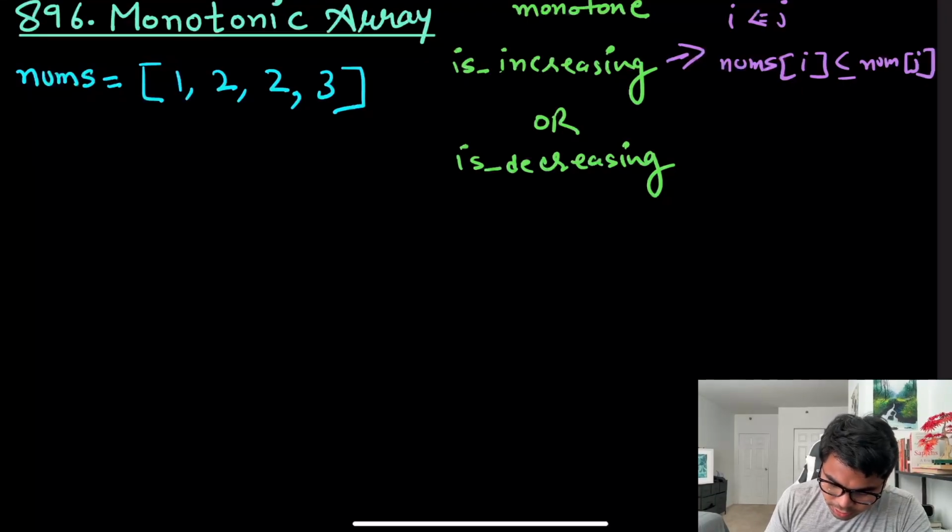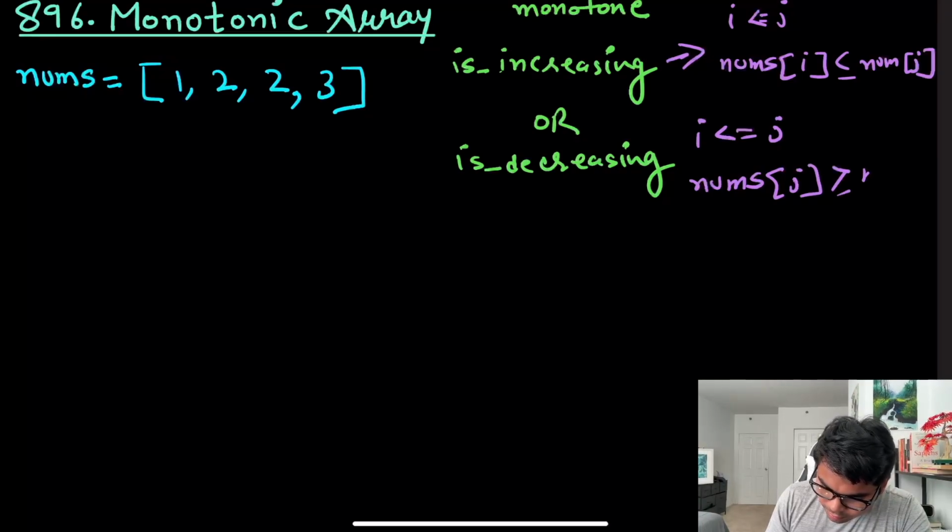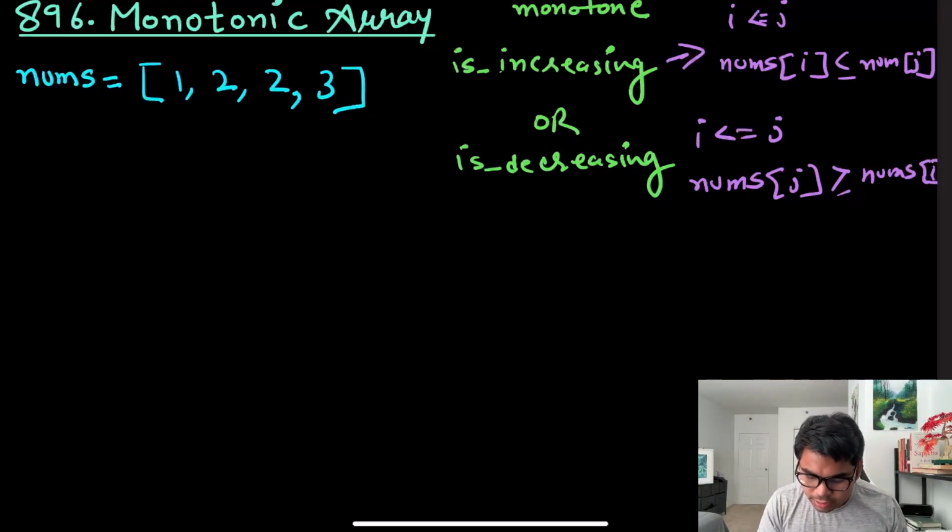That was the condition here, and for decreasing as well, for all i less than or equal to j, nums at j will be greater than or equal to nums at i. So these are the conditions that we need to follow, right?